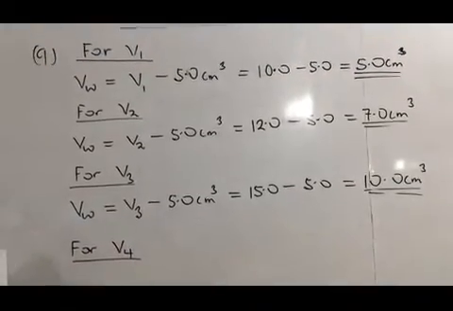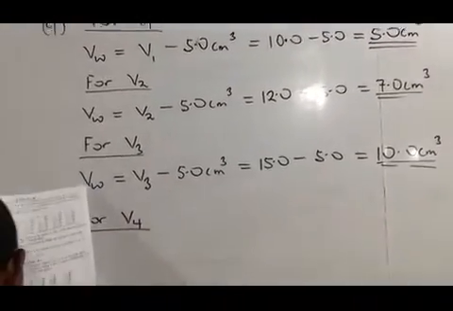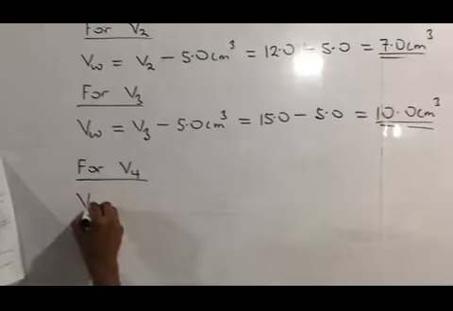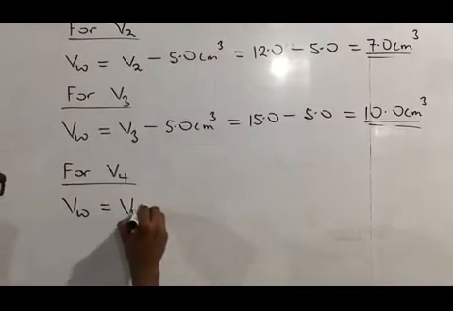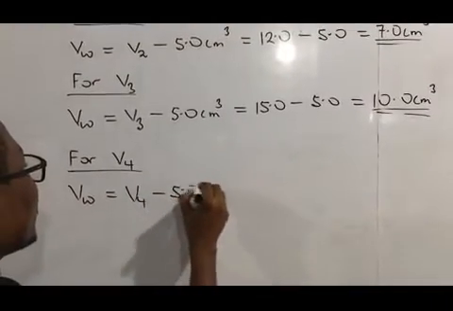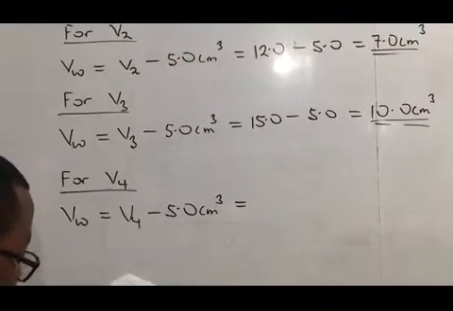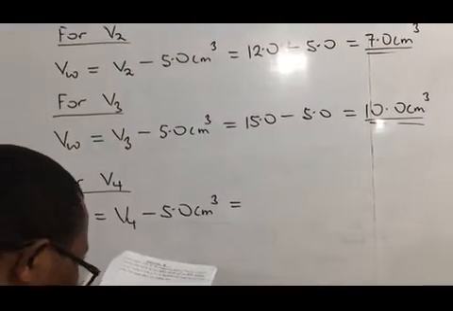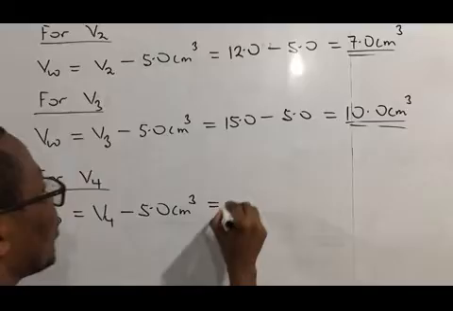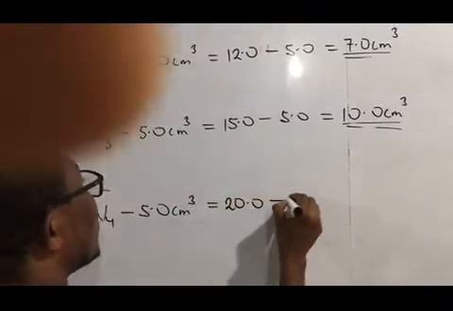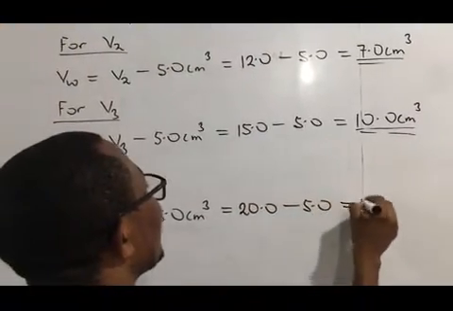For V4, the volume of water becomes V4 minus 5.0. In the diagram, V4 is pointing to exactly 20, so that will be 20.0 minus 5.0, giving you 15.